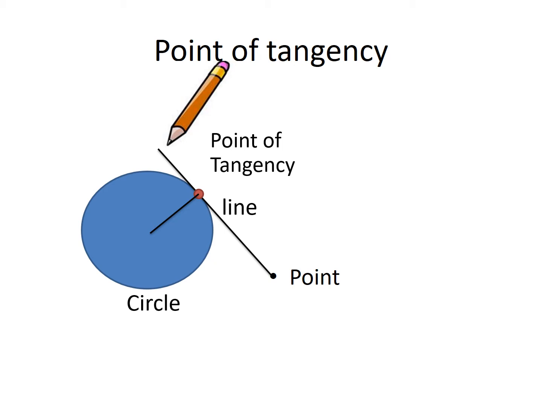Now, if you draw a line from the point of tangency to the center of the circle, that line is called a normal. It's important to note that the angle between the tangent and the normal is always 90 degrees.